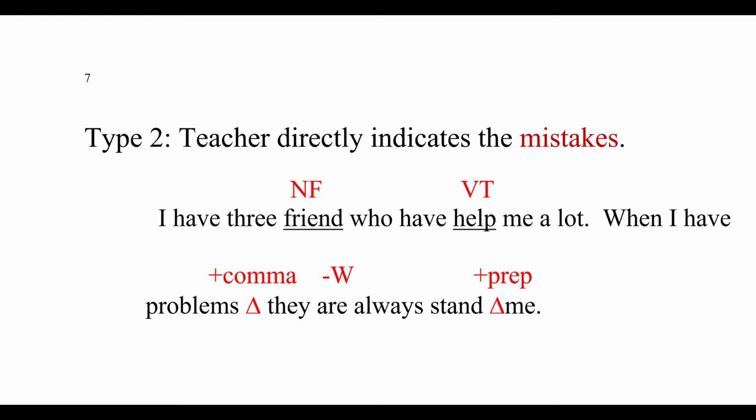I was under the illusion that, for example, by marking NF above the word friend, that I was helping students notice that after the word 3 they need a plural noun. I thought that they would then become aware that they were making noun form mistakes and that they needed to be aware of this in future writing.